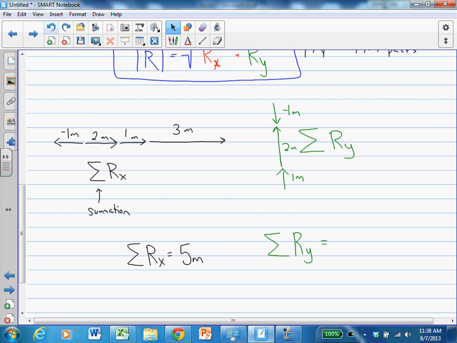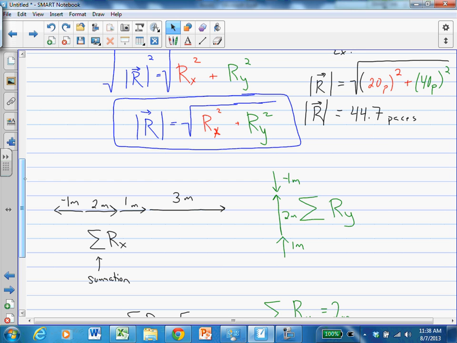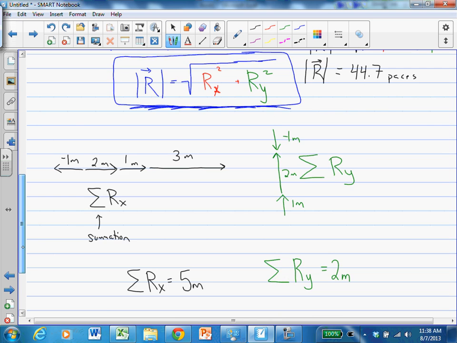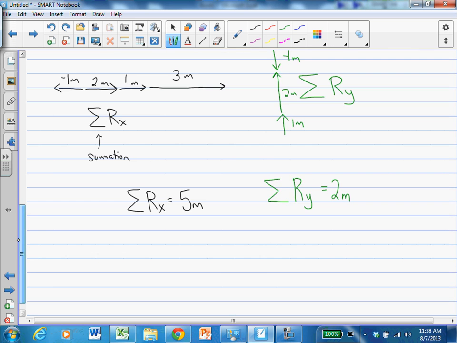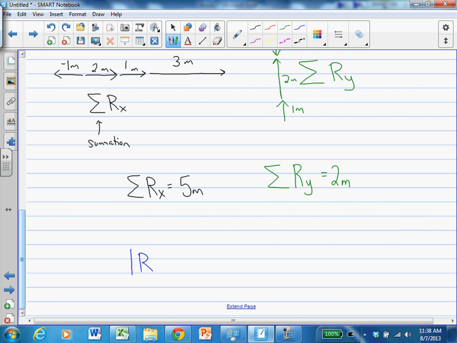So here's this formula right here. But now, if we had multiple components, that formula gets even more complicated looking, but it's not that hard to do. It just looks really complicated. It would be the square root of the summation of all x components squared plus the summation of all y components squared.